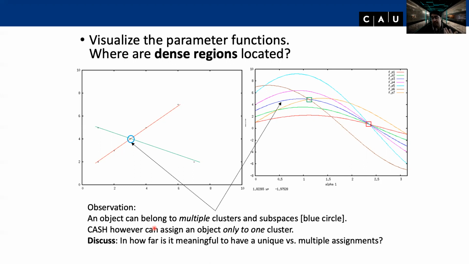When are there cases where multiple assignments are desired? And how could CASH in theory be extended in such a way that one detects or finds out that an object can be a member of multiple clusters? I mean, CASH yields you in the end the clusters, but how can we go through in a post-processing step, recognizing that this belongs to one cluster or not? So this is also a challenge question for you. If you're interested, contact us.